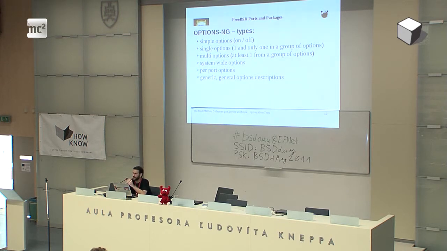And also, this is something which hits you very hard especially when you build for more than one machine: system-wide options, that's the thing I was talking about. I'm defining that I want this somewhere, let's say in make.conf, and then this will be propagated to all my ports. No matter what port I build, if it can support that option, it's going to be defined, or the opposite, whatever I need.